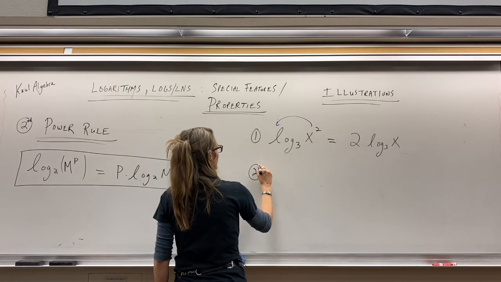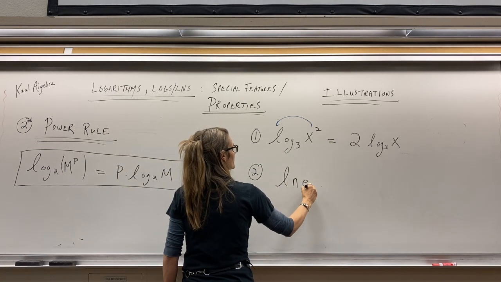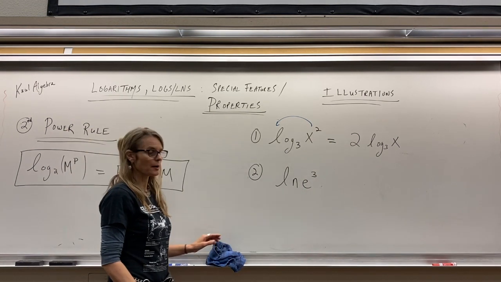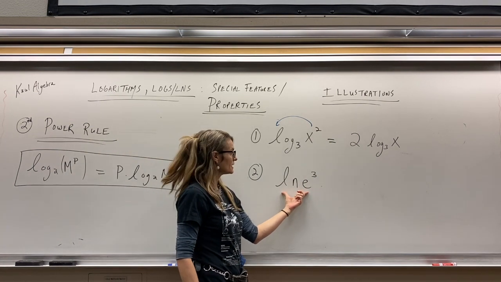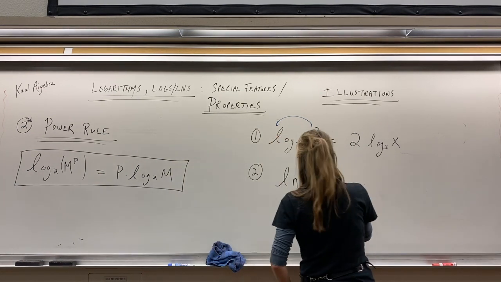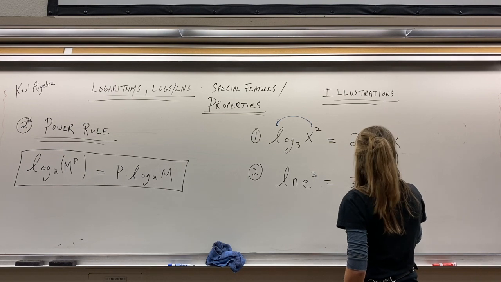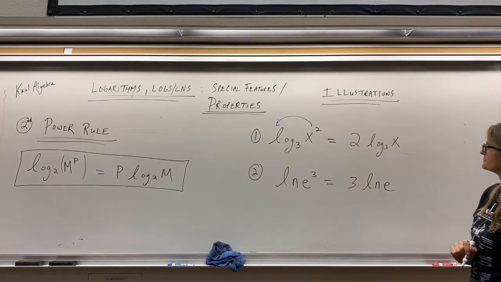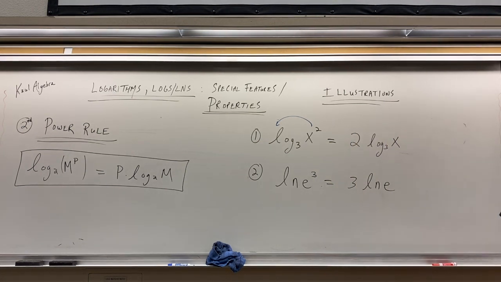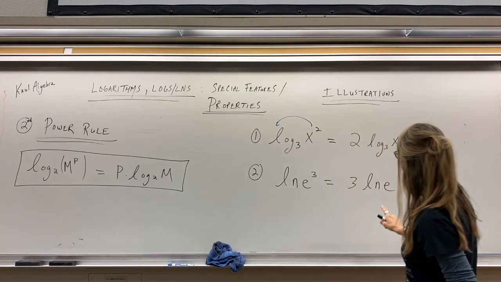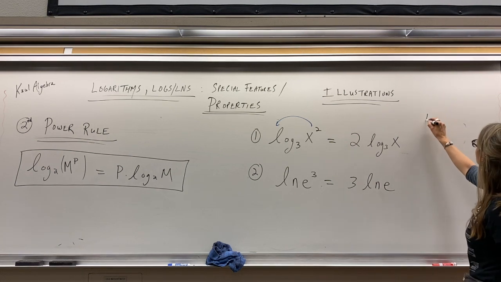And two, if I had ln of e to the third, this is a very useful property for the ln's of e's. This is the same thing as 3 ln of e. Now, since we're hitting this, little side note, what is ln of e equal to?